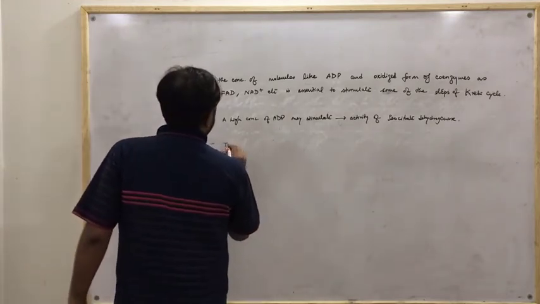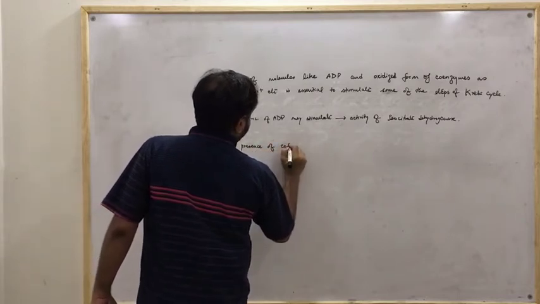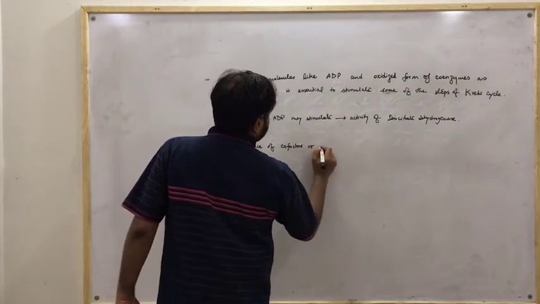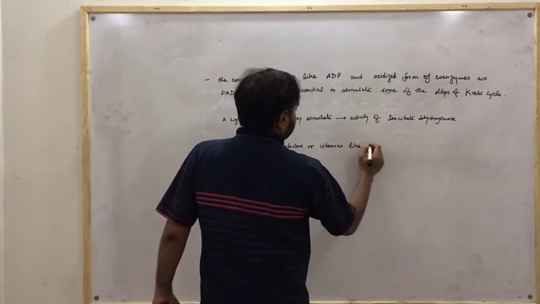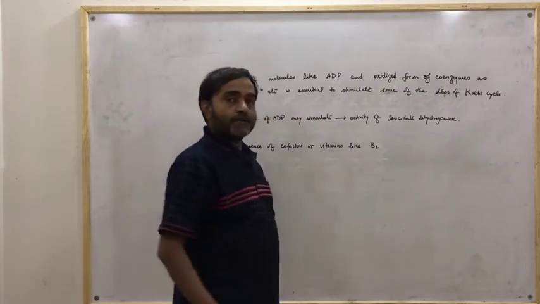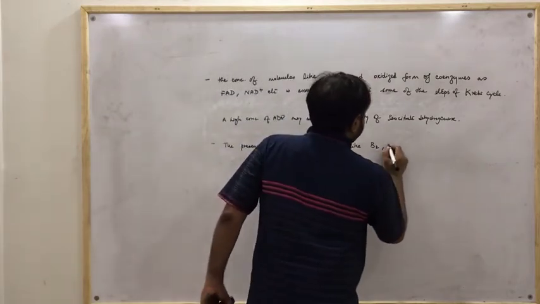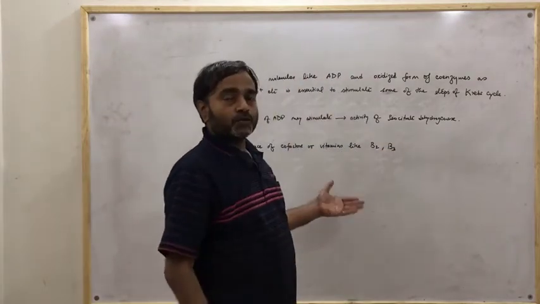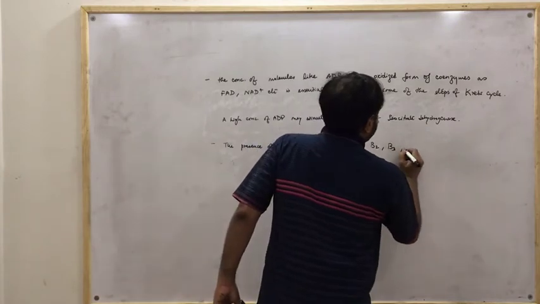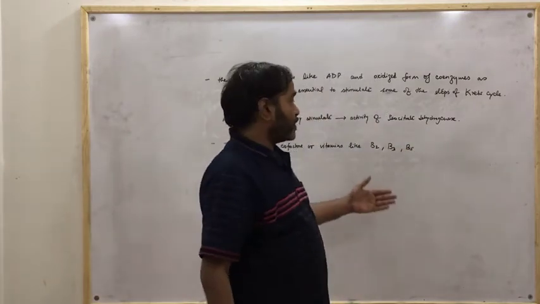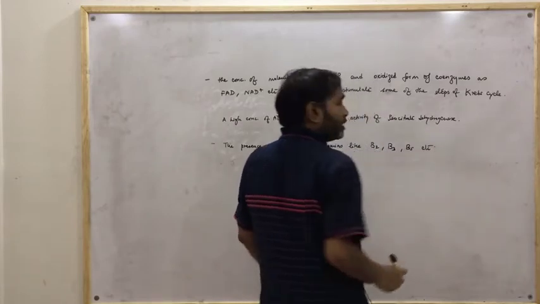The presence of cofactors or vitamins like B2, vitamin B2 is riboflavin, which provides the flavin group to FAD, and B3 provides niacin to nicotinamide adenine dinucleotide, that is NAD, and B5, that is pantothenic acid, which is required for coenzyme A. So these different cofactors are required for their proper activity.